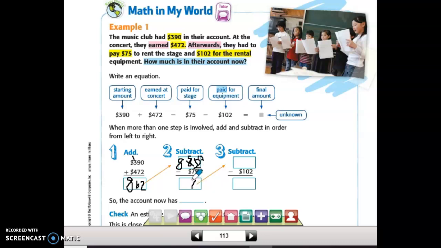That was messy. 5 minus 7 can't do. 8 goes to 7. 5 becomes 15. And 7.